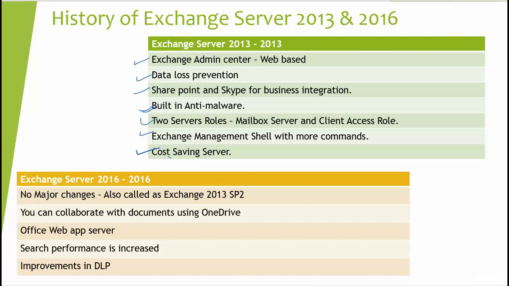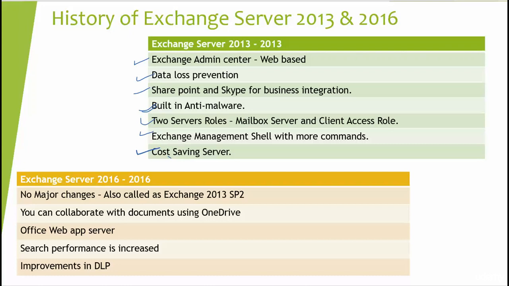You can actually collaborate on documents using OneDrive. That's another good thing that you can do with 2016. Office Web Apps Server is another thing for web applications, where you can use Office in your web browser. And search performance is increased.